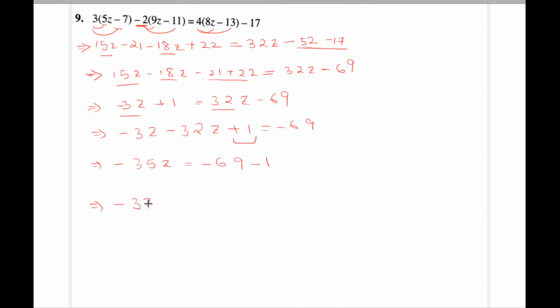So minus 35z equals minus 70. So this implies z equals minus 70 by minus 35. Minus cancels out. 35 twos are 70. So this implies z equals 2. So this is the answer of question number 9.